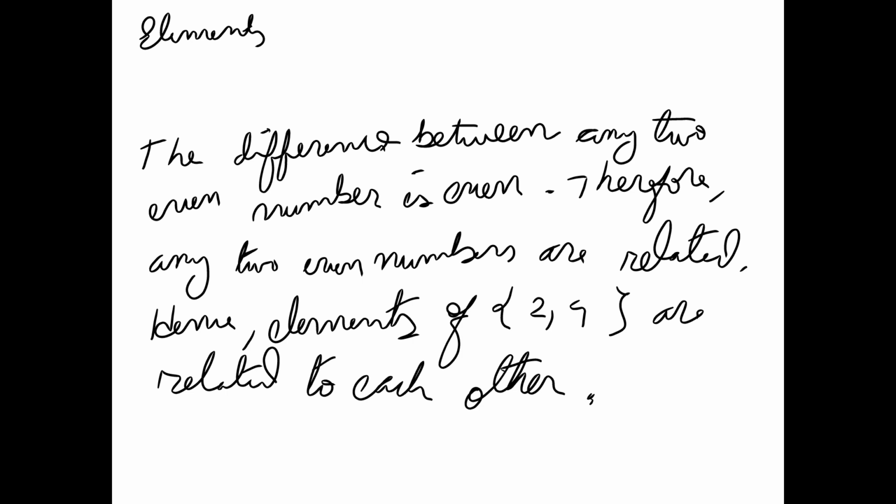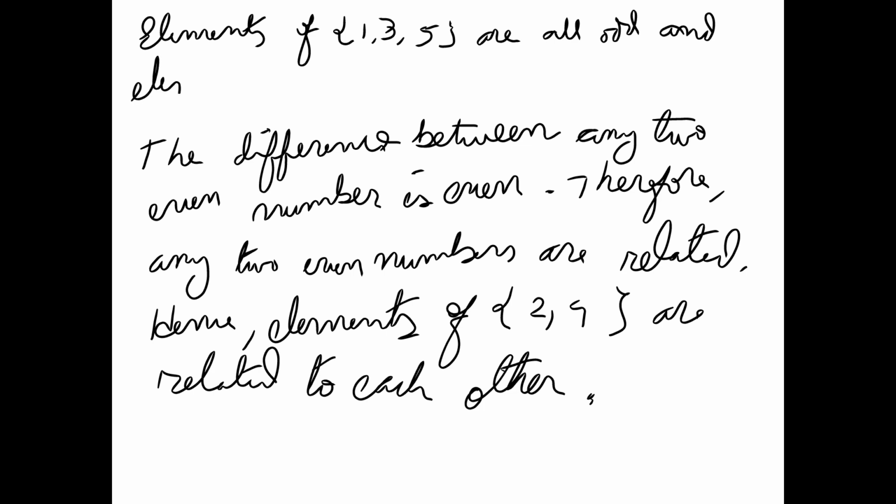Elements of 1, 3, 5 are all odd and elements of 2, 4 are all even.